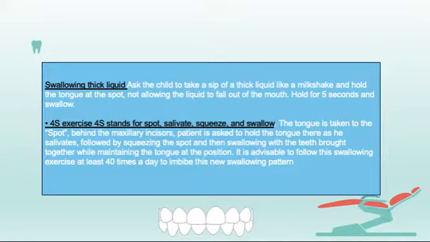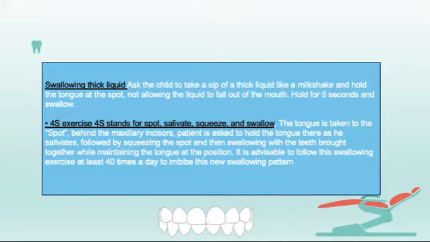The 4 S exercise, where S stands for spot, salivate, squeeze and swallow. The tongue is taken to the spot behind the maxillary incisor.